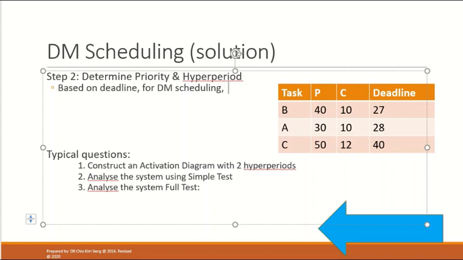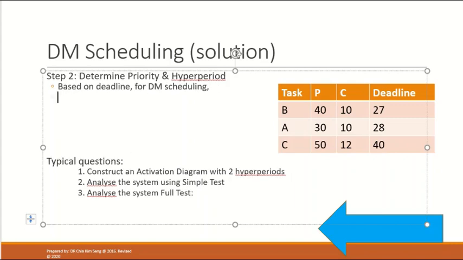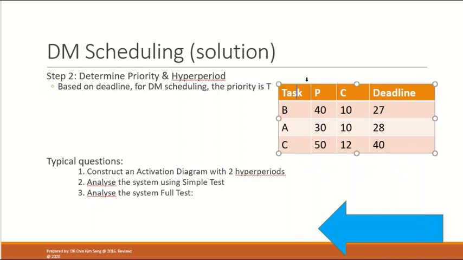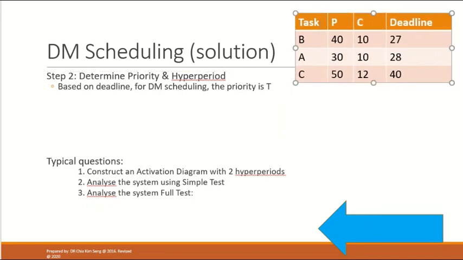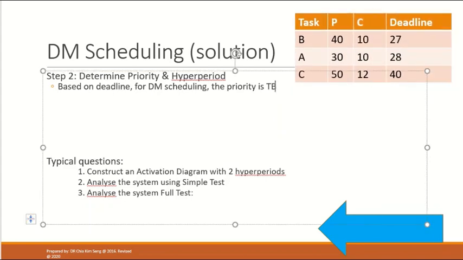So we can conclude the priority is task B greater than task A, and task A greater than task C, based on their deadline.